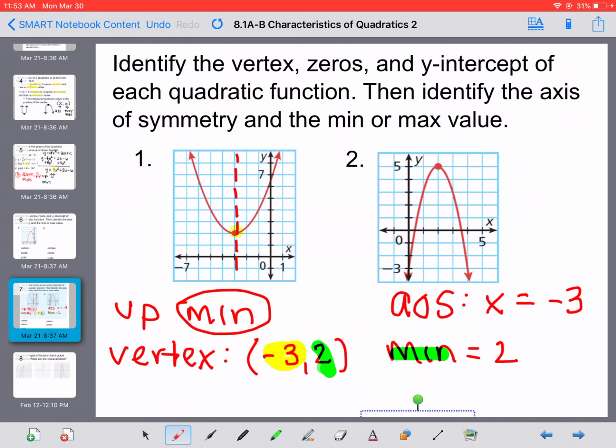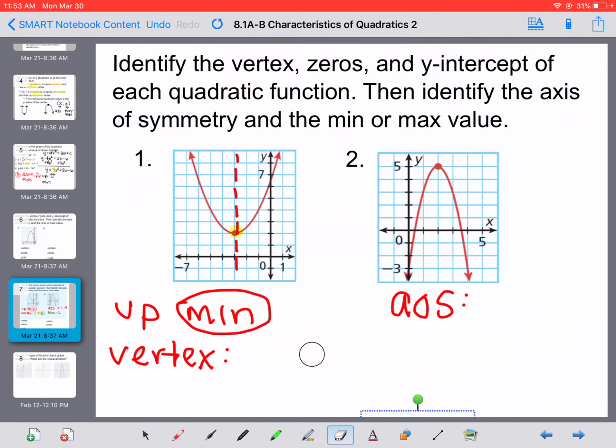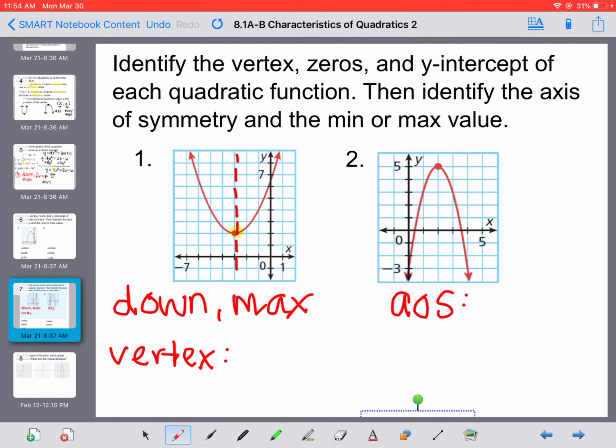Let's look at graph number 2 and do the same thing. Graph 2 is opening down, which means I have a high point, which means I'm going to have a maximum. The vertex is going to be that ordered pair right there, and our axis of symmetry is the line that goes through the vertex.